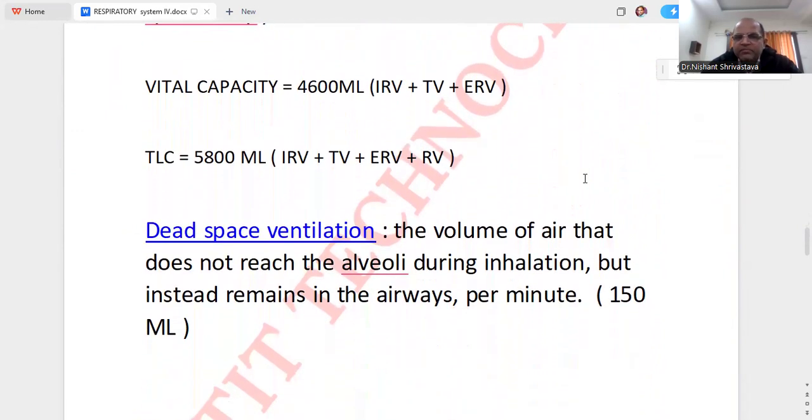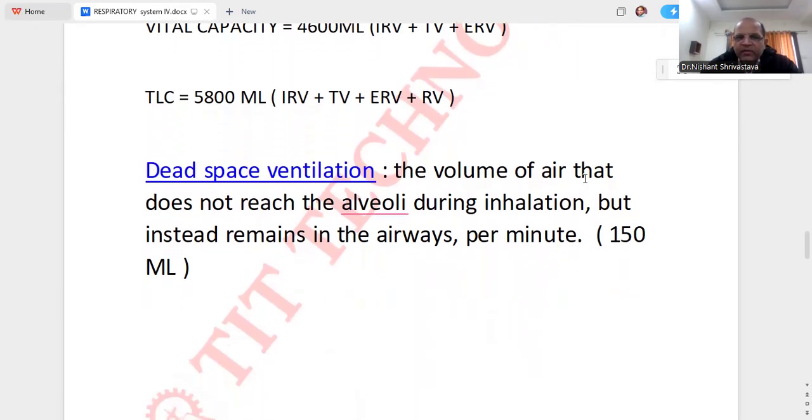Vital capacity is 4600 ml: IRV plus tidal volume plus expiratory reserve volume. And total lung capacity is 5800 ml, meaning inspiratory reserve volume, tidal volume, expiratory reserve volume, and residual volume. So the total is 5800 ml.